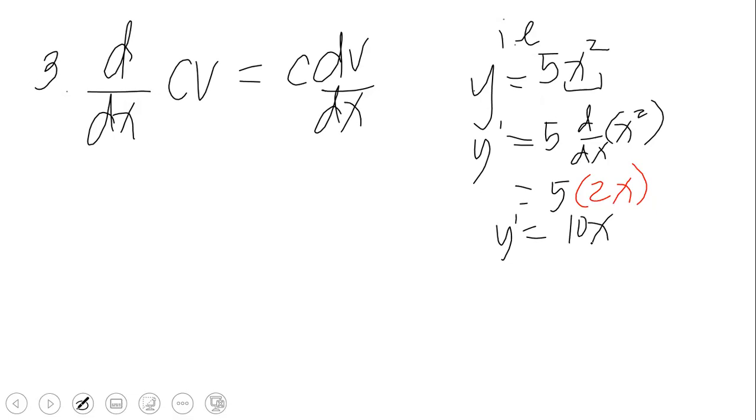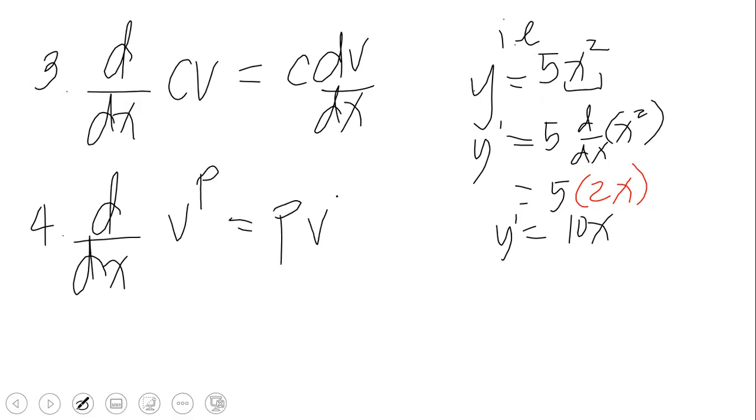Let's have number 4, the derivative of any power. A variable with the power p, the derivative is equal to p v to the p minus 1, times the derivative of the variable, dv over dx.